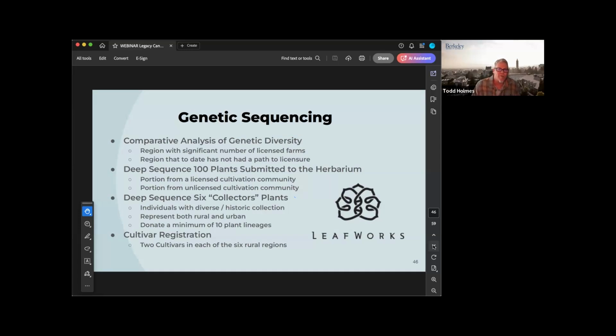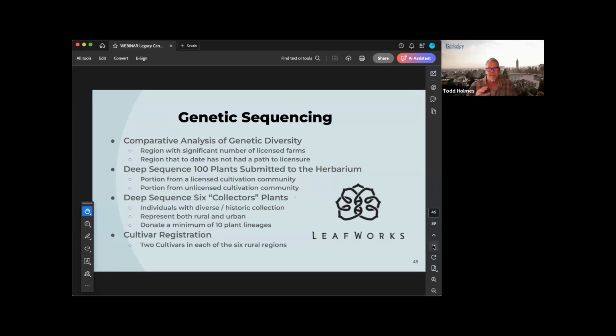This study will provide a better understanding of the effects of California legalization and regulation on legacy plant diversity and persistence, and how access to licensure and market dynamics has affected this diversity. To do this, a minimum of 100 cannabis plants that have been submitted to the herbarium will be deep sequenced.